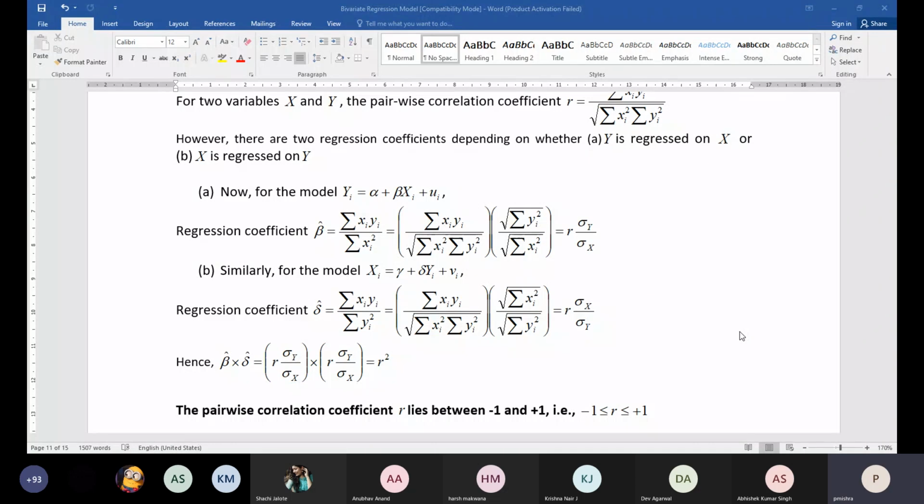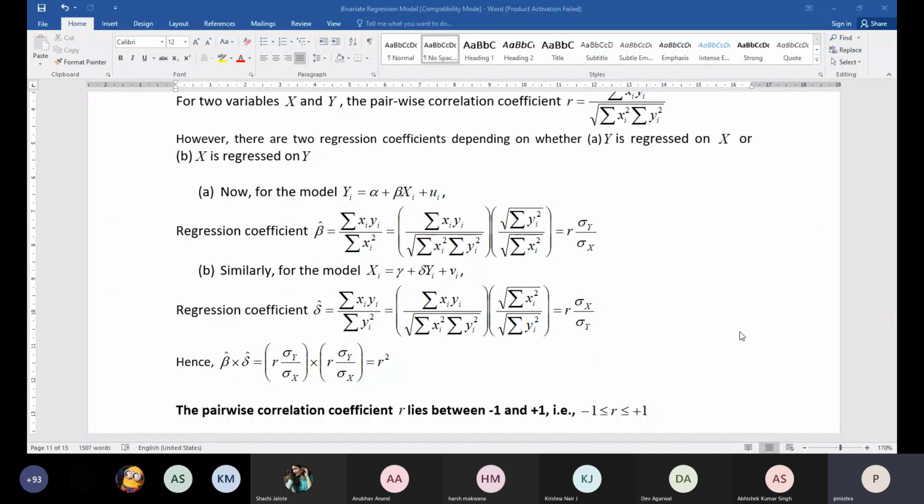Now, if there are two variables, then I can estimate two alternative bivariate regression models, depending on whether x causes y or y causes x. In either case, the slope coefficient can be expressed as a function of the pairwise correlation coefficient R.